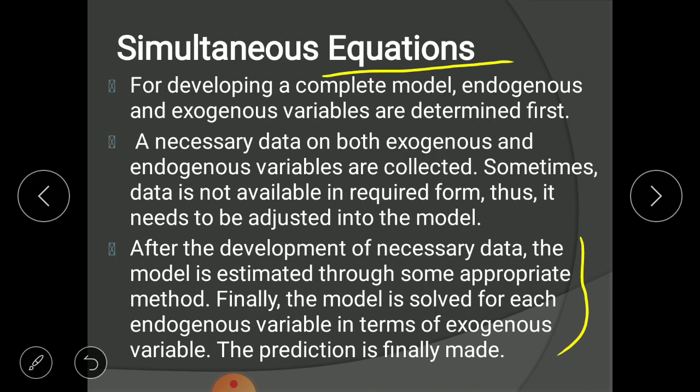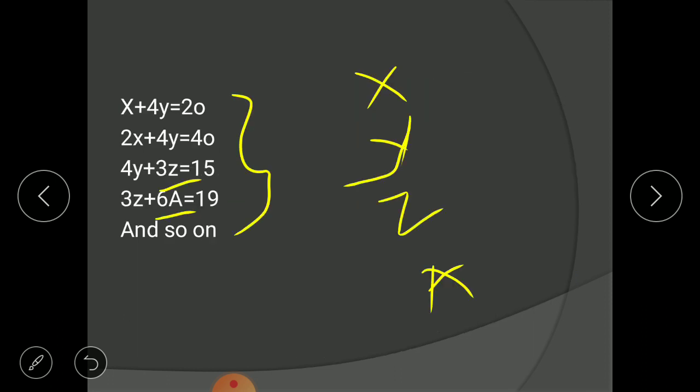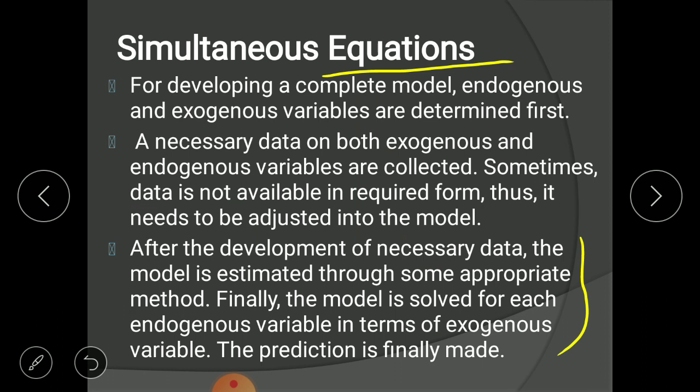Now from the discussion of this method, you yourself can come to the conclusion that this method is very complex. Then this method will be very time consuming. I have just given you four equations. The equations can be 10 or 15. So if the number of equations keeps increasing, that much more time will be taken in solving them.